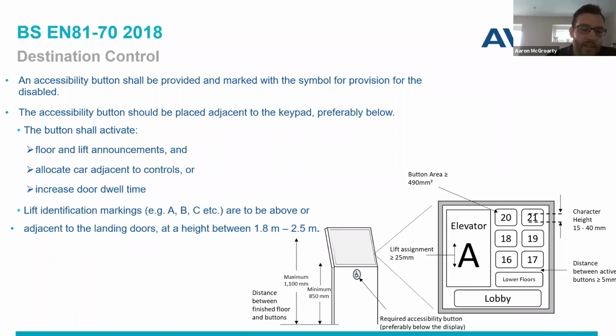There are some functions that have been added in terms of when these car calls are made, in terms of increasing door dwell time if an accessibility button is pressed, and also that if the accessibility button is pressed, there are floor announcements and indication of what the user should do next when they're trying to select the lift or call the lift. The destination control also requires clear markings on your elevators to make sure that the right one is selected and shown illuminated when it's been pressed and pushed forward.